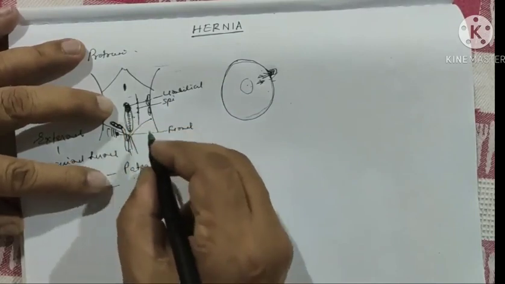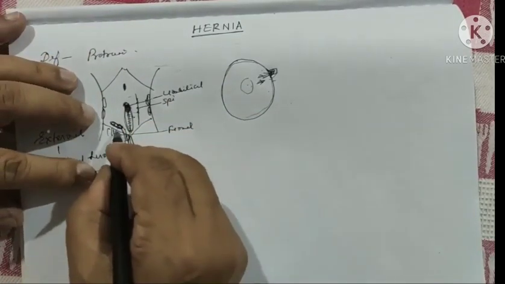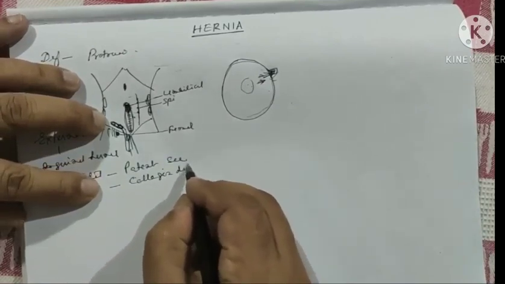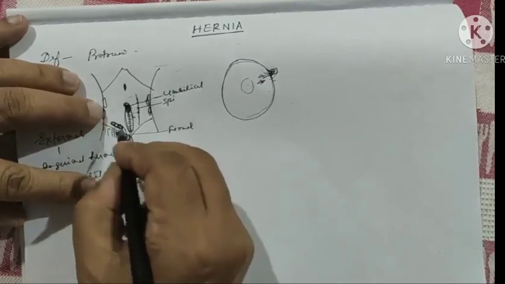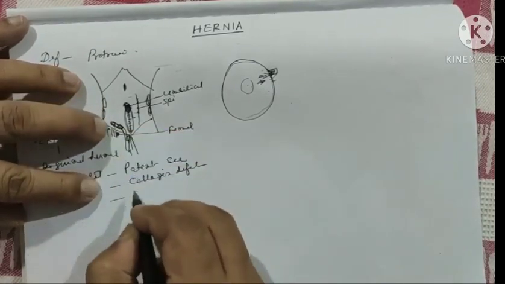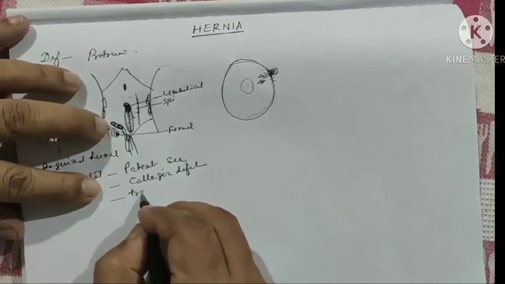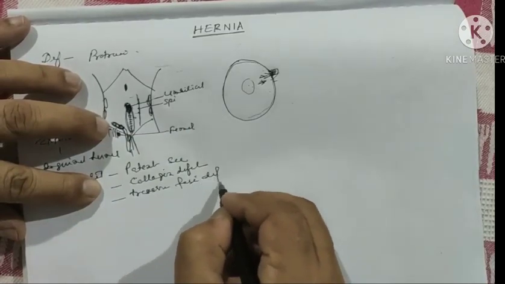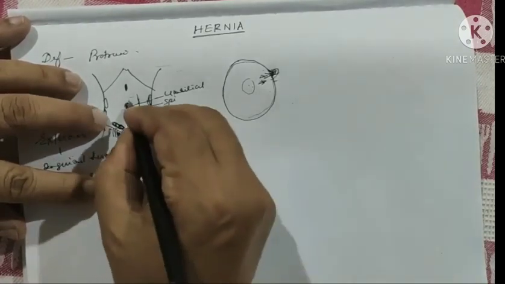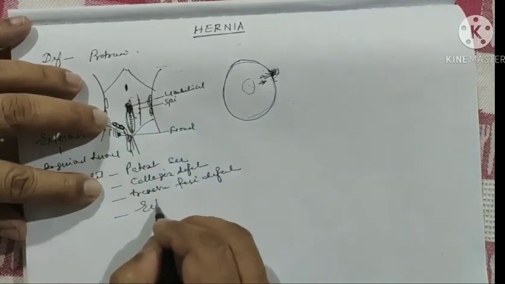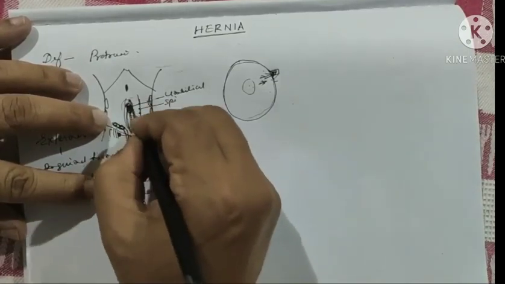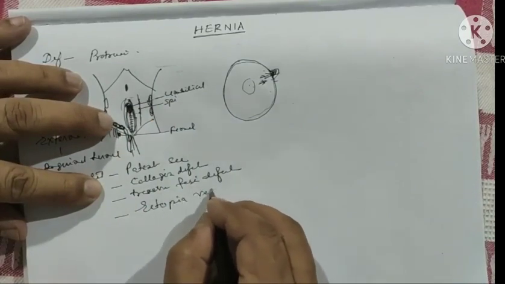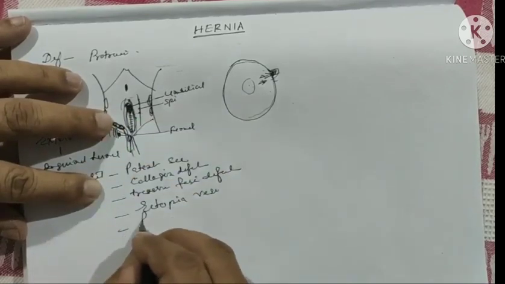Or there may be some collagen defect, or there may be deficient transversalis fascia, fascial defect, or there may be some ectopia vesicae, a congenital defect in the wall, or there may be prune belly syndrome.